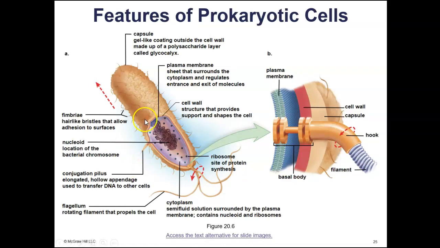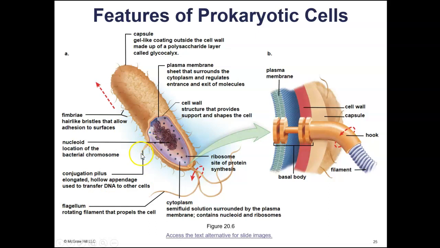Here you see the features of prokaryotic cells. You can see the fimbriae, which help with attachment, and the nucleoid region containing the DNA. The DNA is found in a single circular chromosome. It's just really long, so it's all folded up in here.